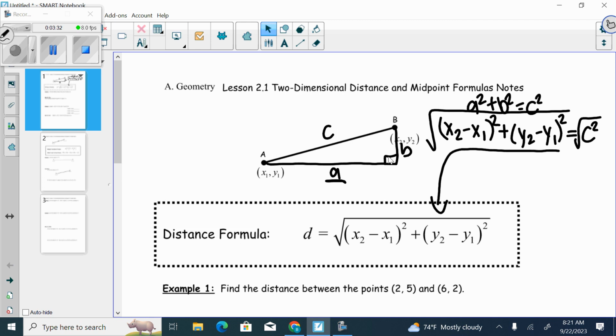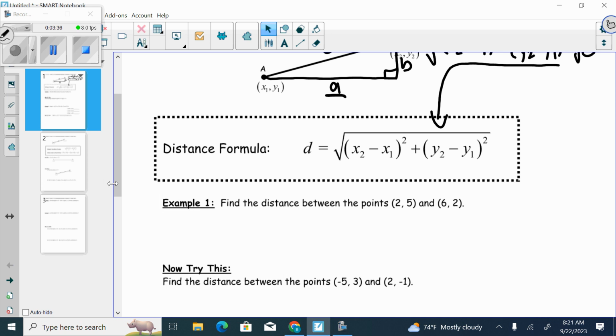Okay, so now that we know what the formula means, let's use it to solve a couple of examples here. Example 1 says to find the distance between points (2, 5) and (6, 2). So that would make this first coordinate point my x1 and y1 from up above. And that would make this my x2 and y2. And all I need to do is substitute all that information into the distance formula.